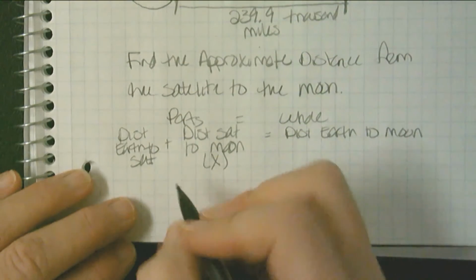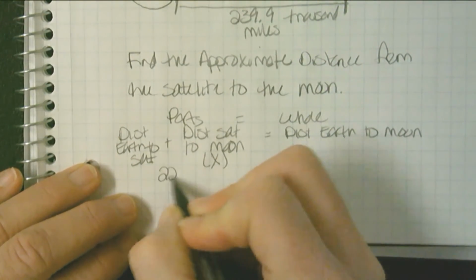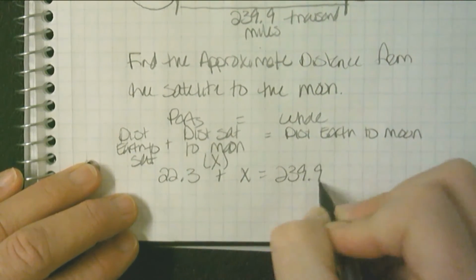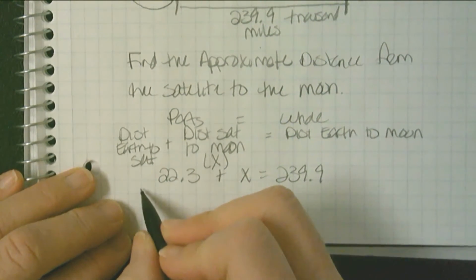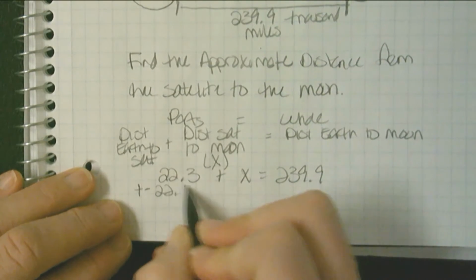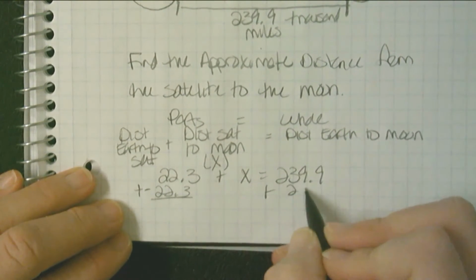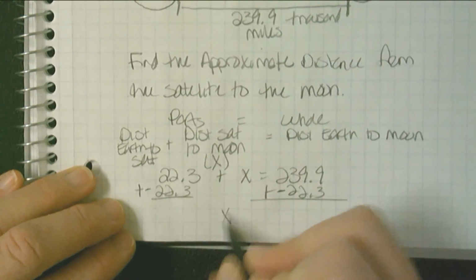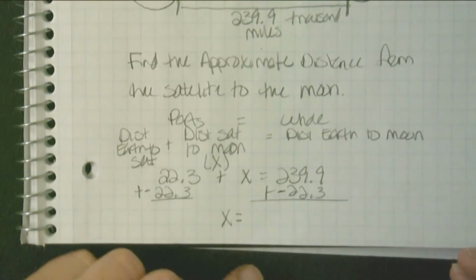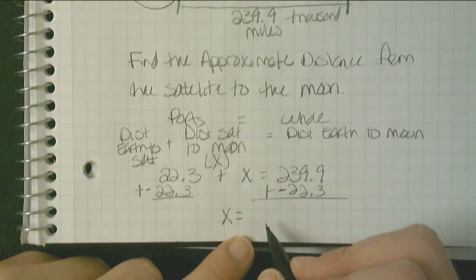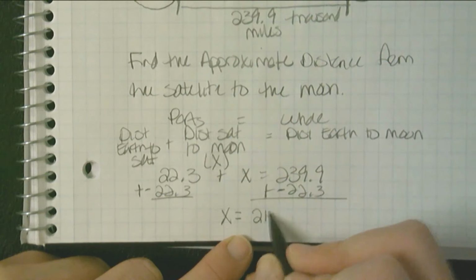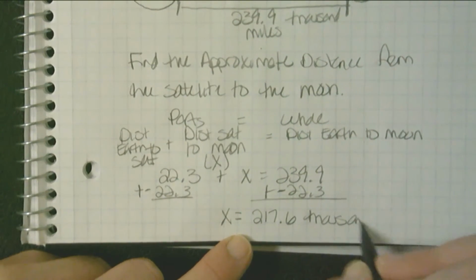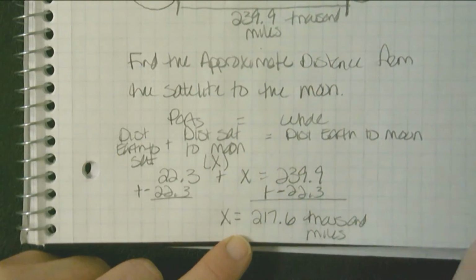Kira? Excellent. Now what? Excellent. So I have X equals... What did you get as your final answer? And this is going to be 1,000 miles. And remember, you have to write a sentence.